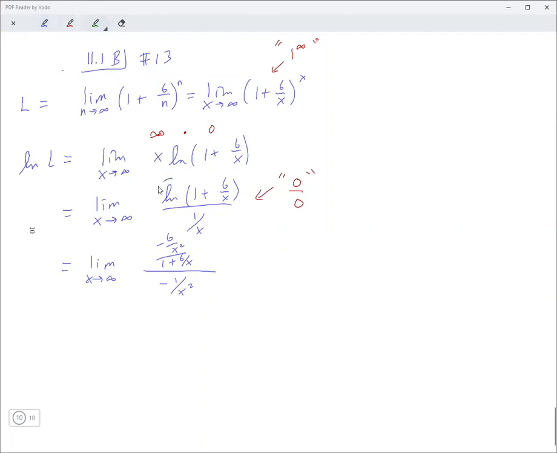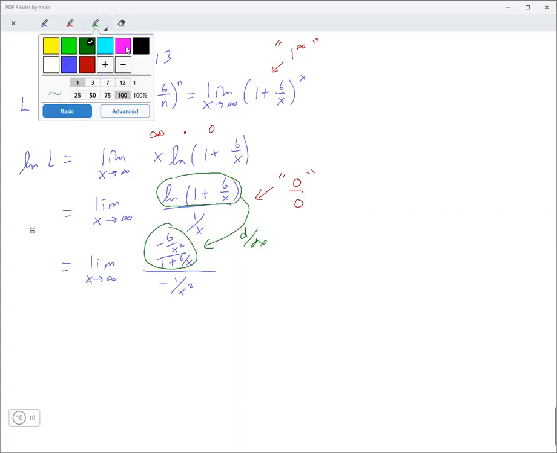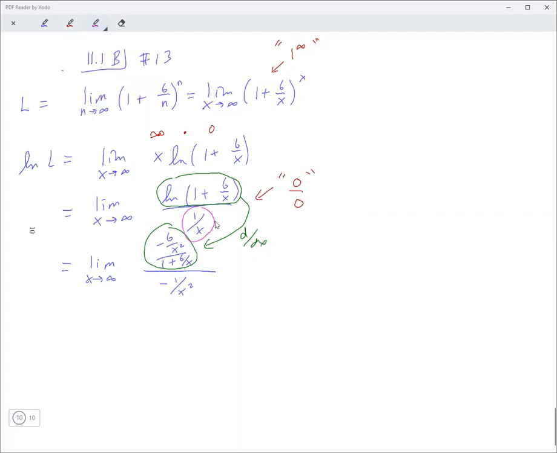Okay, so this one, the derivative gives you that, just in summary. And this denominator, the derivative gives you this. Okay, now these x squareds are going to cancel.